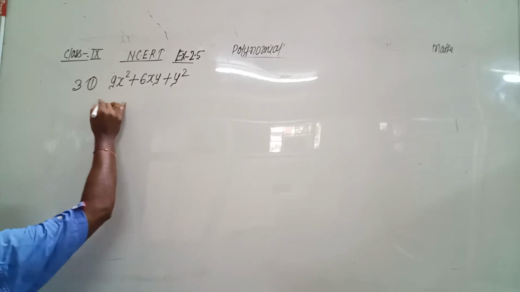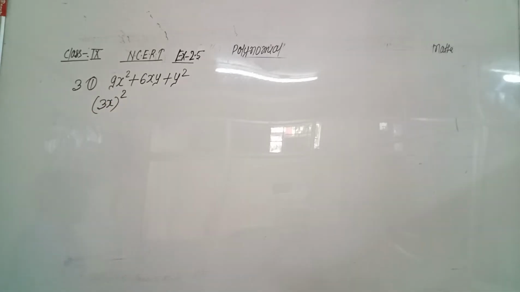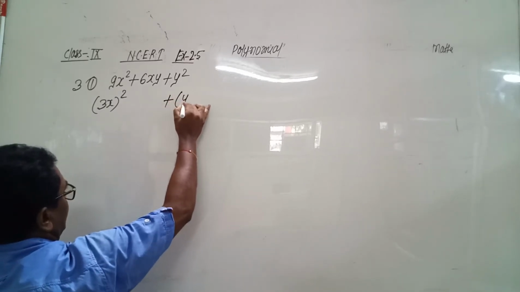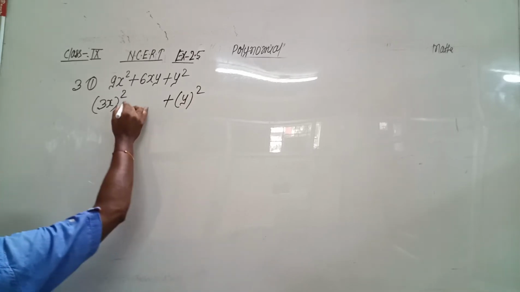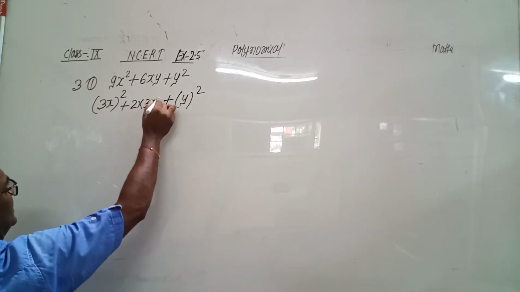So 9x square can be written in terms of whole square. This can be written as 3x the whole square. And y square is written as y the whole square. And 6xy can be written as 2 into 3x into y.